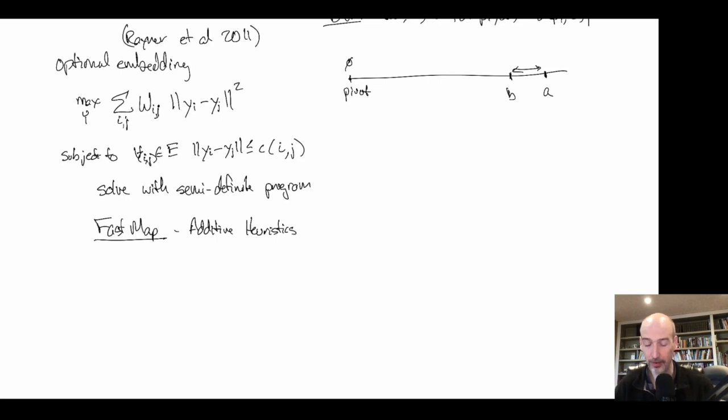My view of them, maybe not everybody's view yet, is that a FastMap is basically an additive differential heuristic. But a differential heuristic uses up everything that could be used in the additive space. And so we're going to do a different type of embedding.